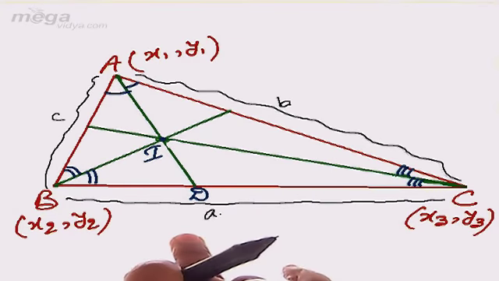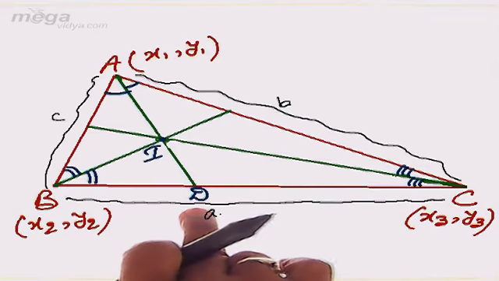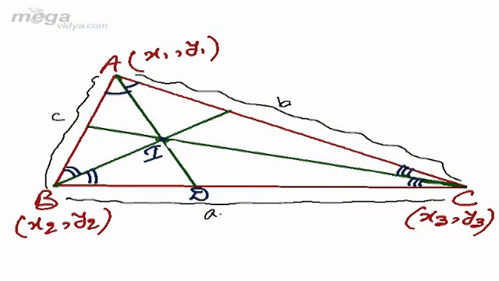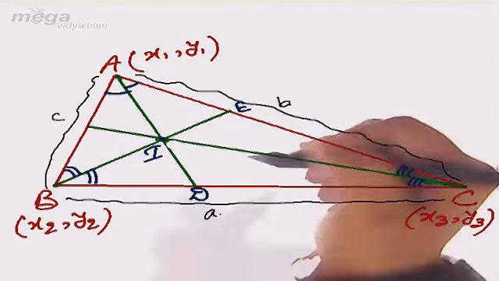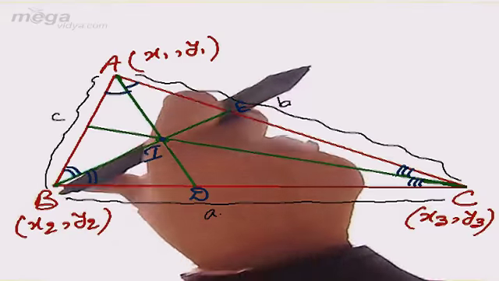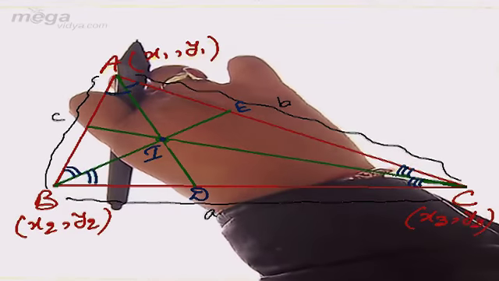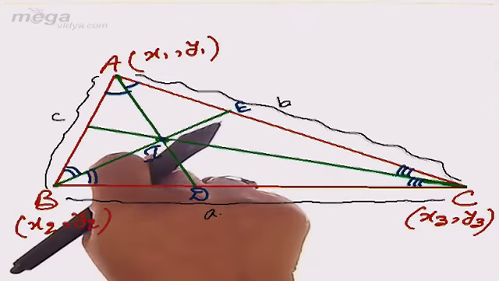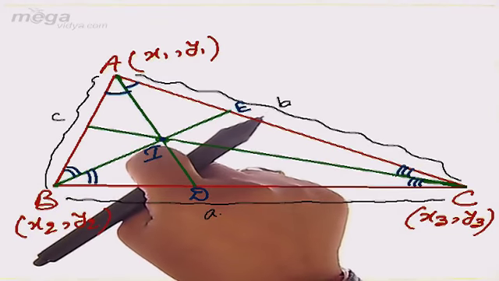So we will find out here the coordinate of D. Now in the same way we will find out the coordinate of this E. Once you get the coordinates of D and E, you can find out the equation of BE, the equation of AD, and after solving those two equations you will get the coordinate of the incenter.